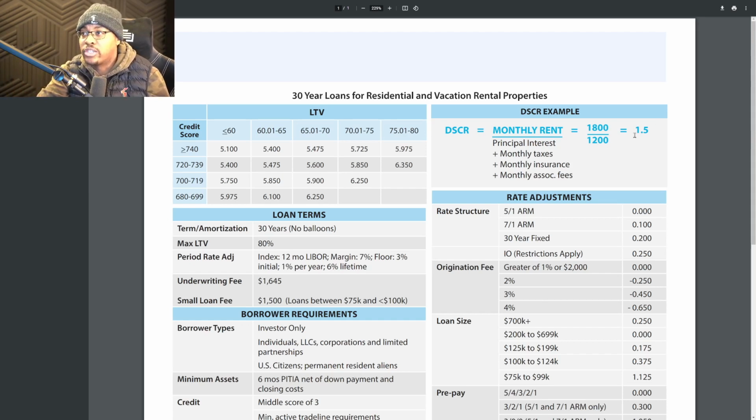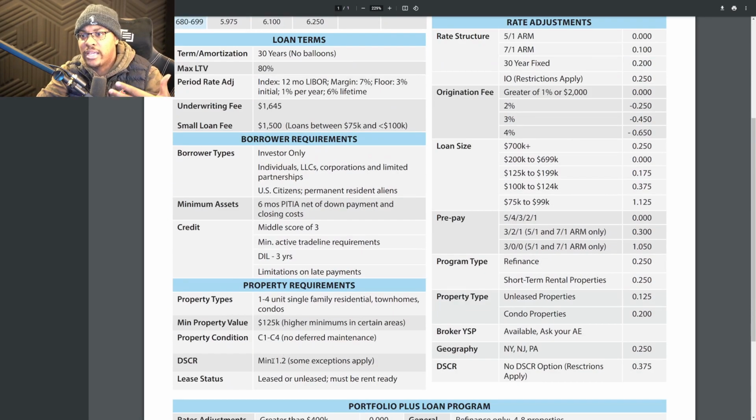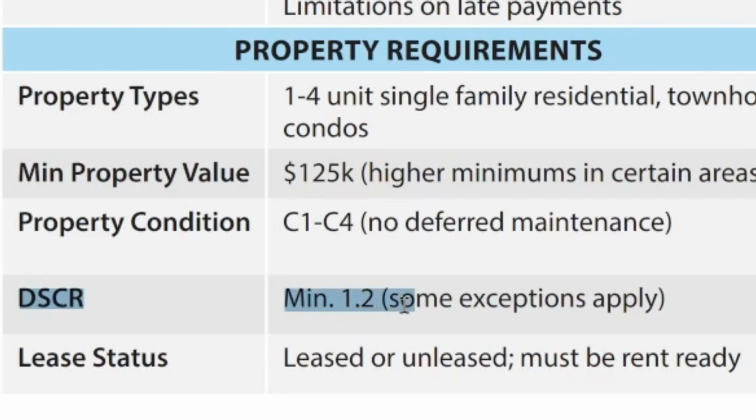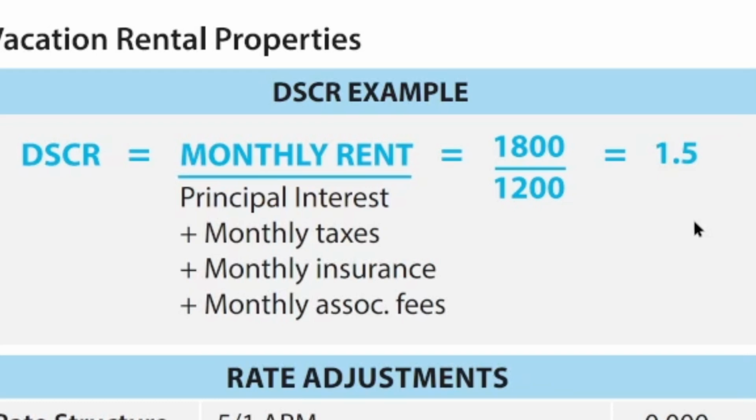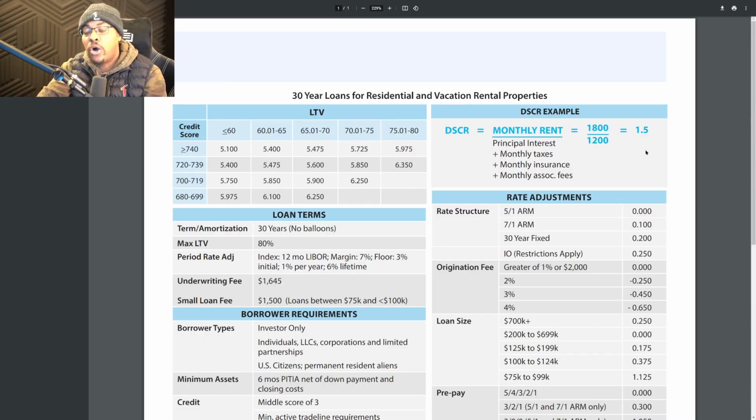So this just gives an illustration. In this example, it says minimum debt service of 1.2. In this situation, this particular deal would work because it meets the minimum, or is greater than 1.2. It's actually 1.5, so there's enough spread between what it costs you to service the debt and how much income is being generated from the property.